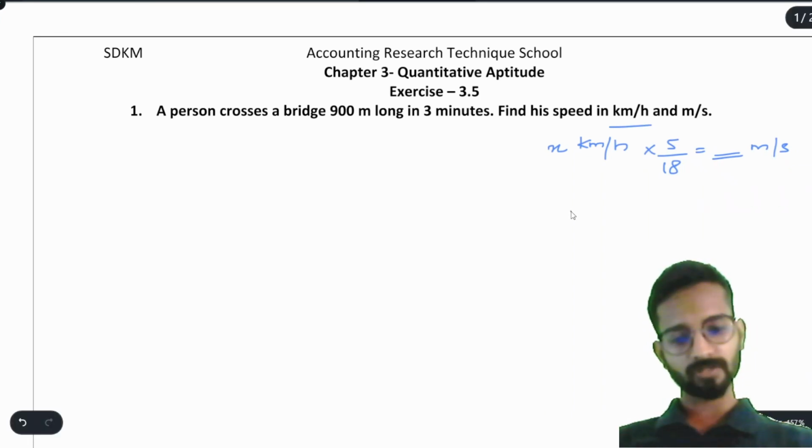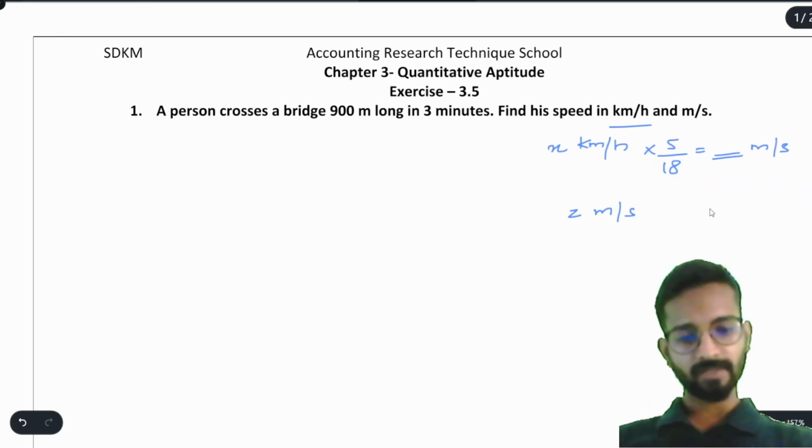Same thing if something is given, say z meter per second, if you have to convert that, you will multiply it by 18 by 5 and the answer will be in kilometer per hour.